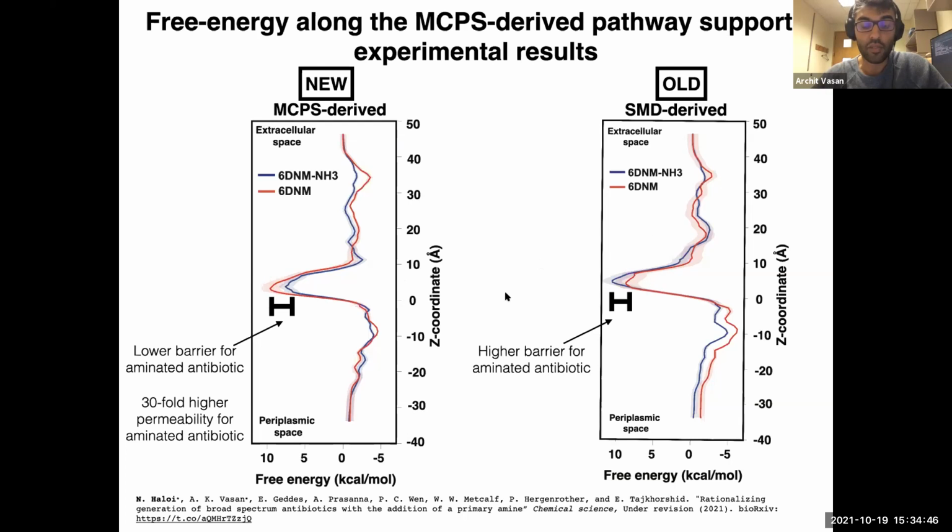In contrast, this result is the opposite of what we had found using just a pathway we had taken from SMD. So my main takeaway from this is that the initial pathway that you use is actually very important when constructing these free energy profiles. I think that was a source of questions for a lot of you folks: how exactly are you generating these pathways, or do you have to use SMD to generate them?